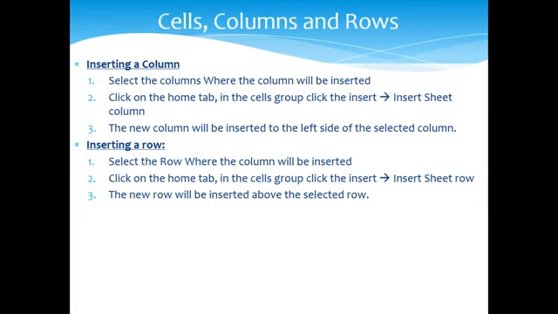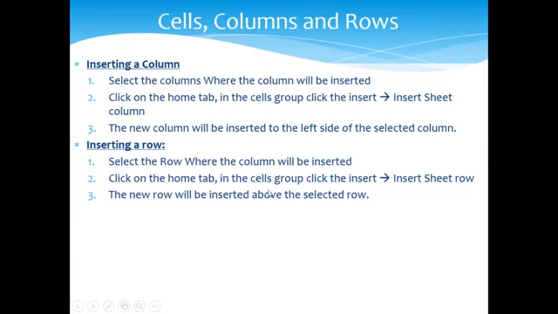It's the same procedure when you are inserting a row. You have to select the row where the new row will be inserted. If you want to insert a row above row 1, you select row 1, then you click the Home tab.